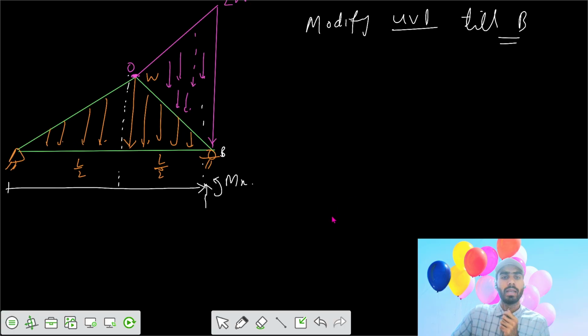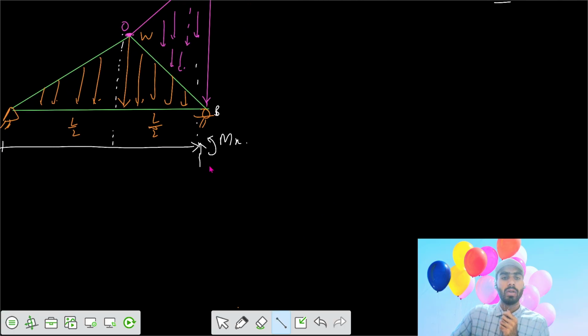Similarly, you have to apply it in the opposite direction also. This was your 2W, and at L by 2 you have to apply 0 intensity. So here the value is 2W and loading intensity is 0.